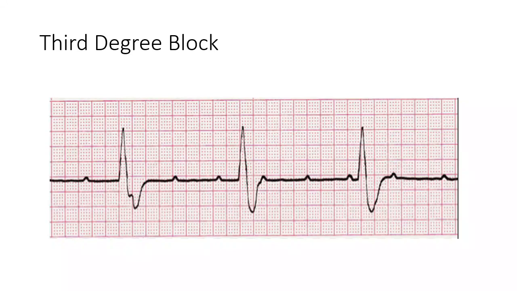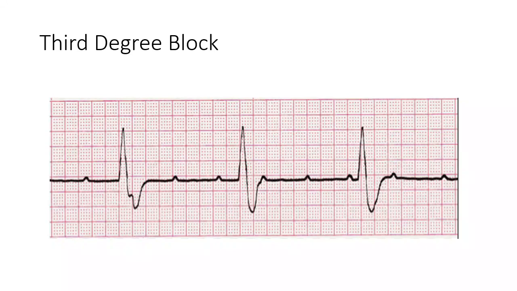One of the key things that you will see here with third degree block, you can see it with second degree type 2, but it's very obvious with third degree block, is number 1, your QRS complexes, the rate will be slow. 20 to 40, because remember, that's the inherent pacing rate of the ventricles.